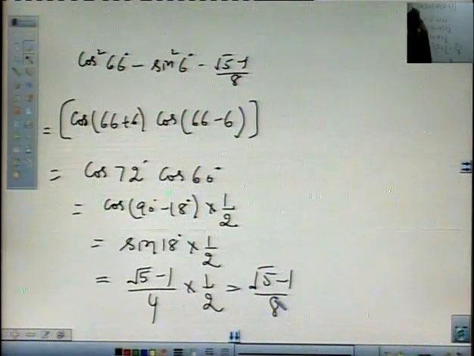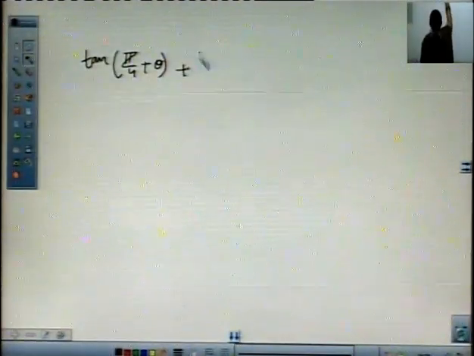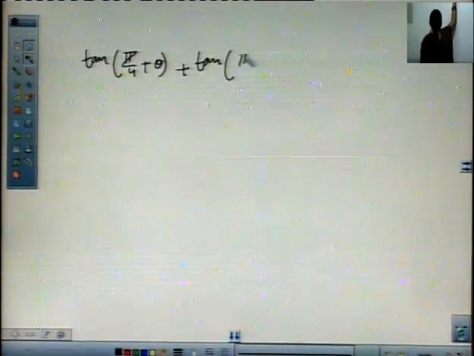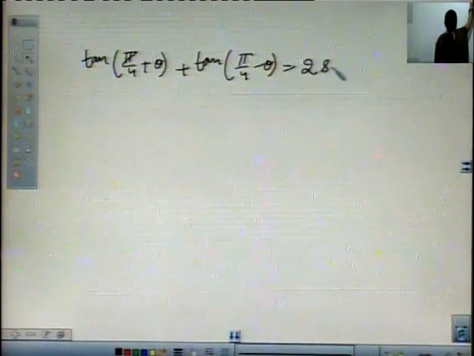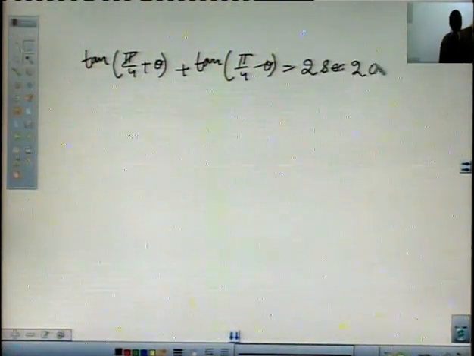Now next question. Prove that tangent of pi by 4 plus theta plus tangent of pi by 4 minus theta is equal to 2 secant 2 theta.